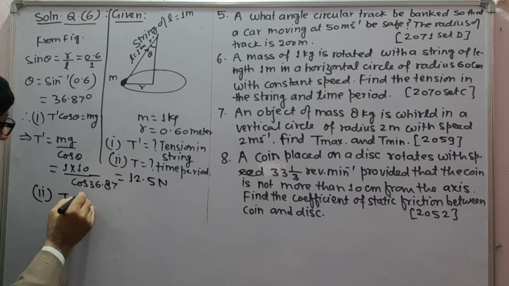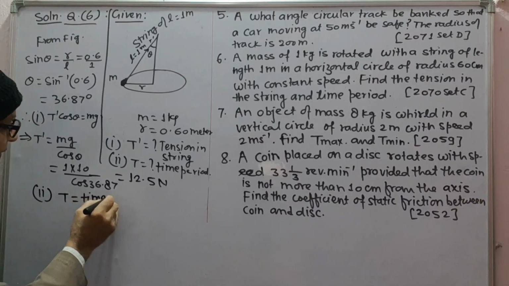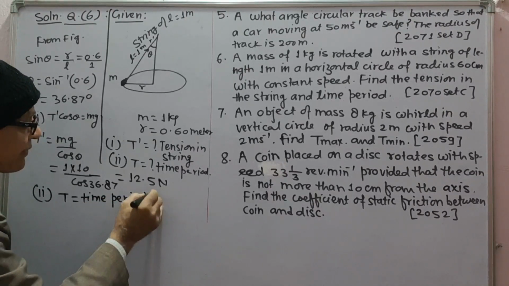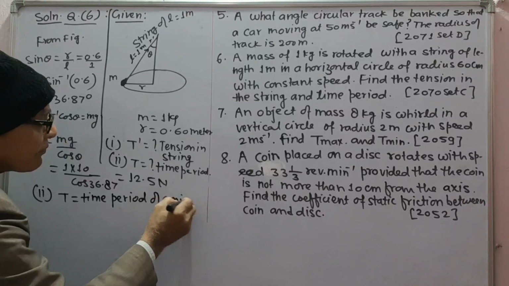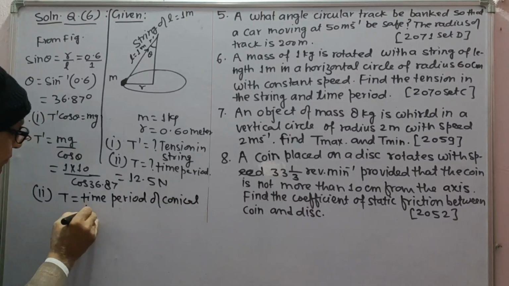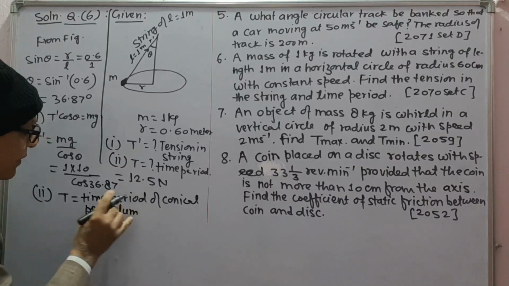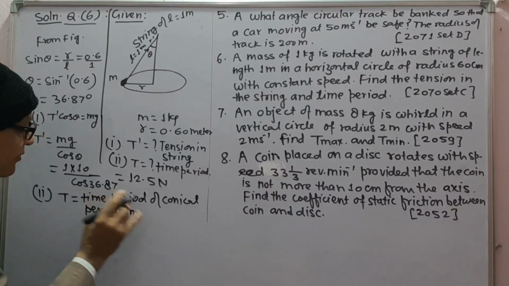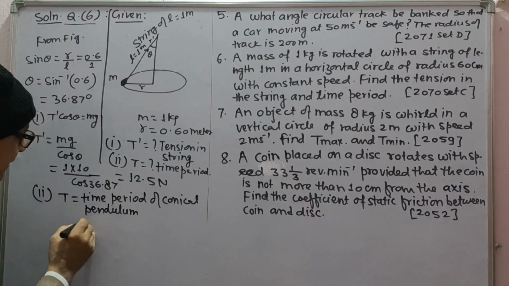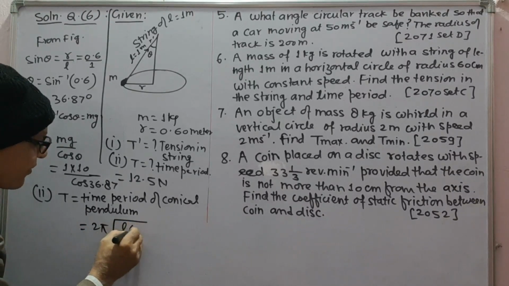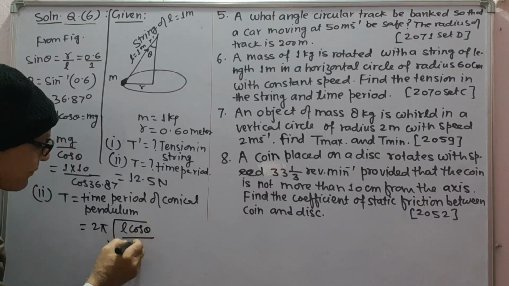Now second part, time period of conical pendulum. Time period of conical pendulum is given by 2 pi under root L cos theta upon g.